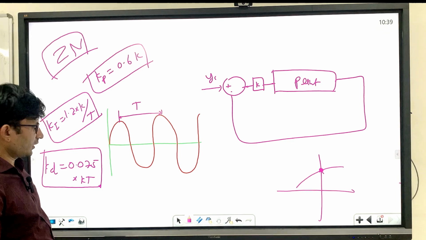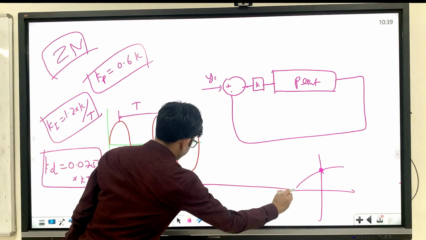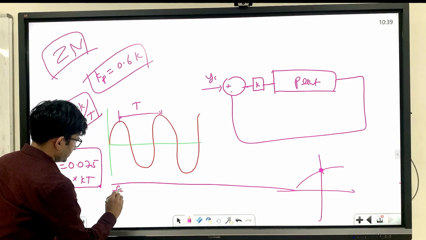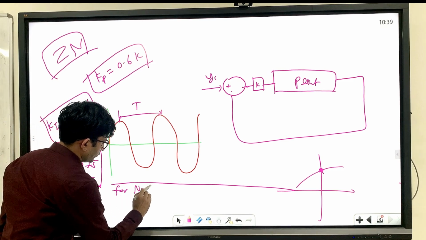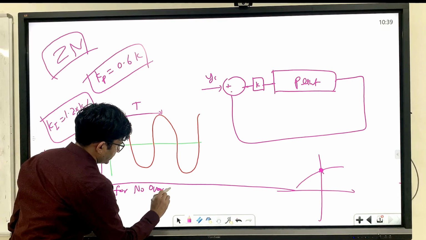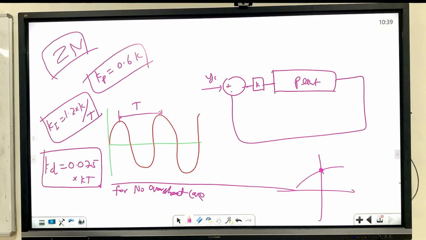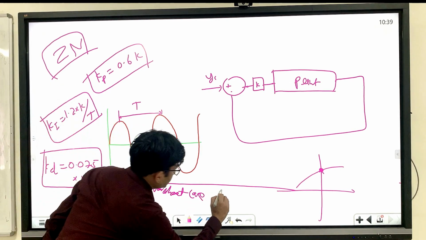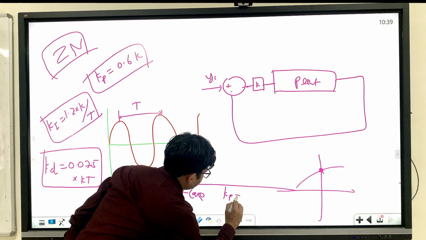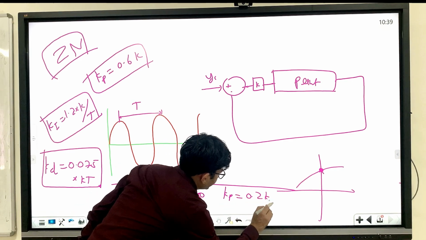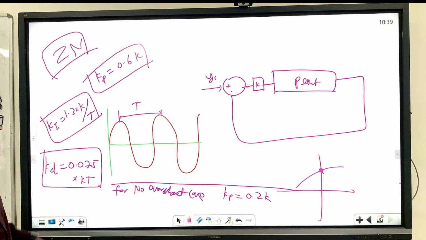And if you do not want any overshoot, for the no overshoot case, you can select the Kp as 0.2 into K, slow gain, right?